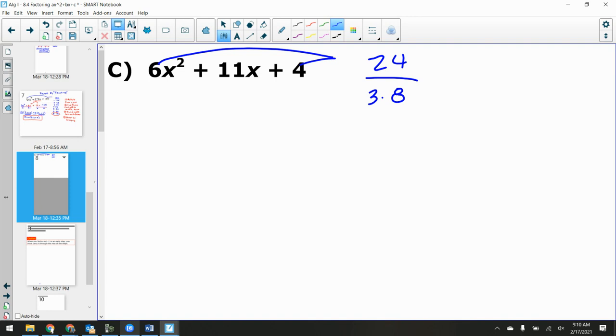So let's rewrite. Our first term stays the same. Our last term stays the same. This 11 turns into 3x and 8x. And now I factor by grouping.